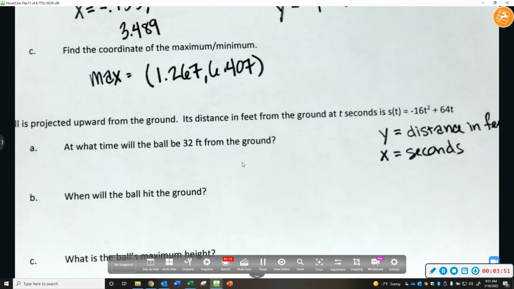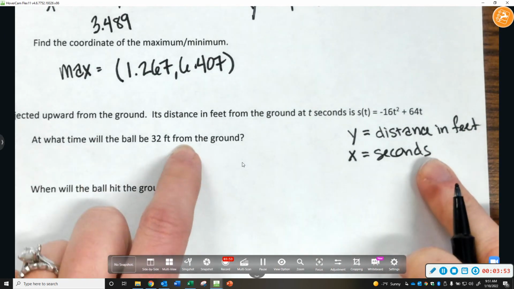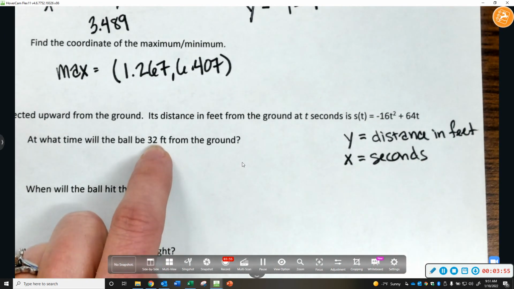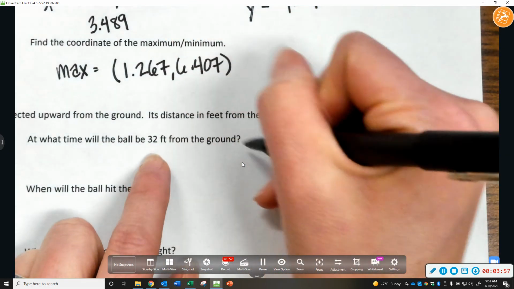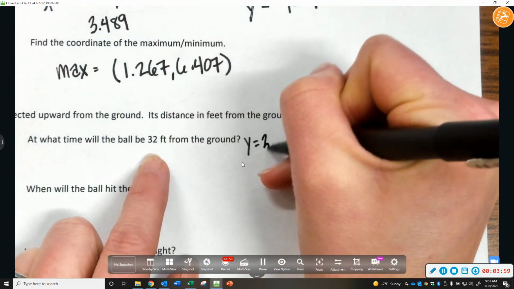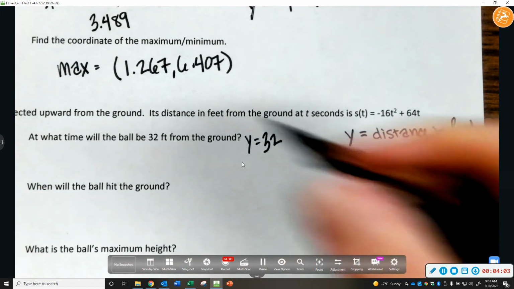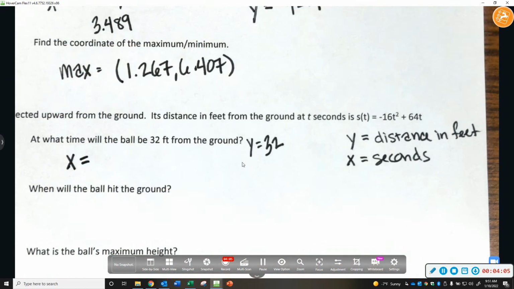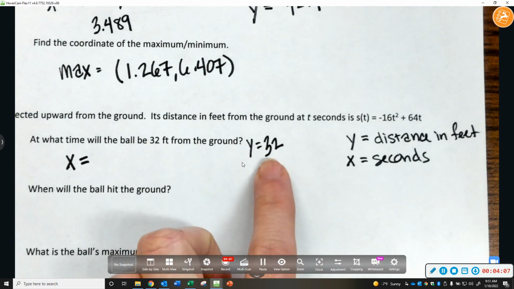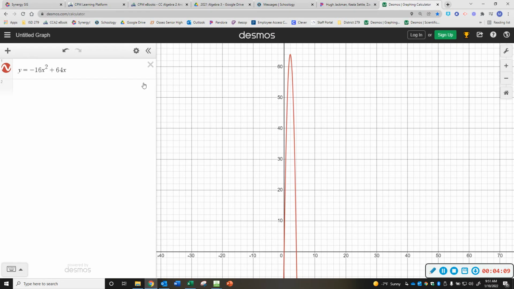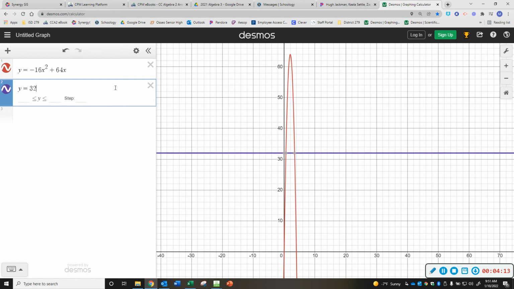Okay? So that's helpful to know, this 32 is in feet, so this is y equals 32. And it says what time, so what I want is what is my x value when y is 32.